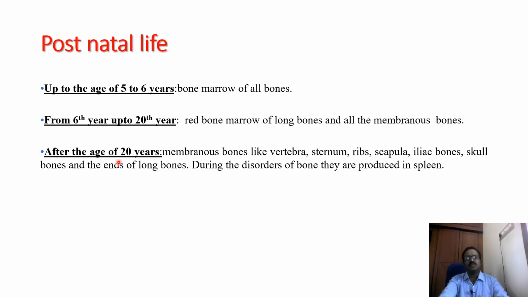After the age of 20 years, red blood cells are produced from the membranous bones like vertebra, sternum, ribs, scapula, iliac bones, skull bones and the end of long bones. During disorders of the bone, red cells are produced from the spleen also.